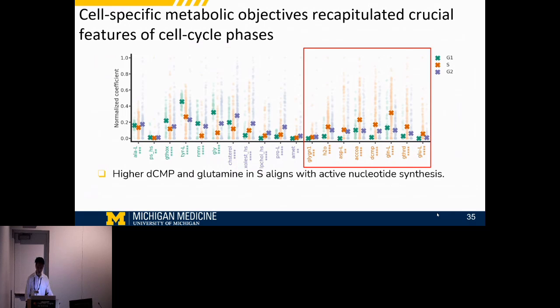And we also see that CTP as a nucleotide and glutamine are significant in the S phase. The association between this phase and nucleotide synthesis recapitulates the behavior. And we were super excited by the result. So far, Scooty can infer the metabolic objective to represent any phenotype and extract the metabolic features.